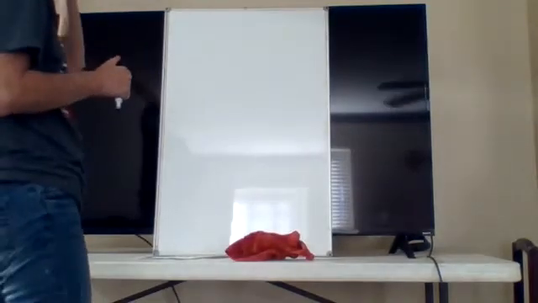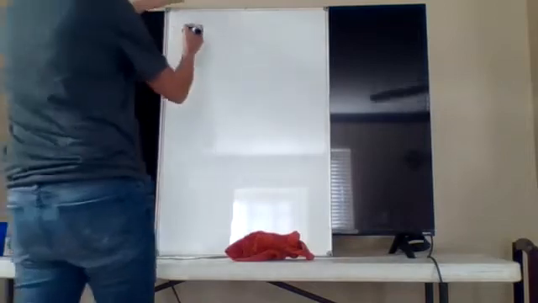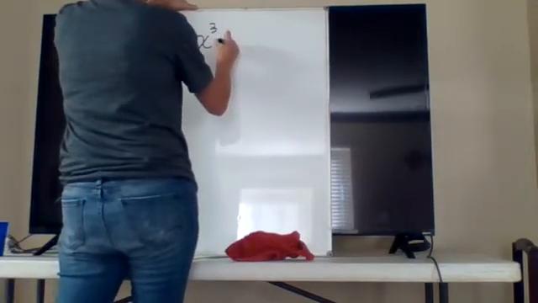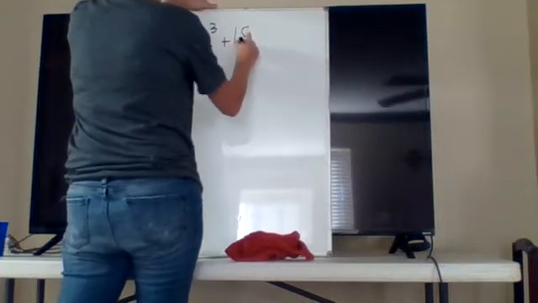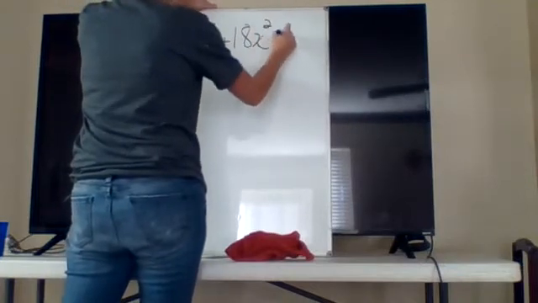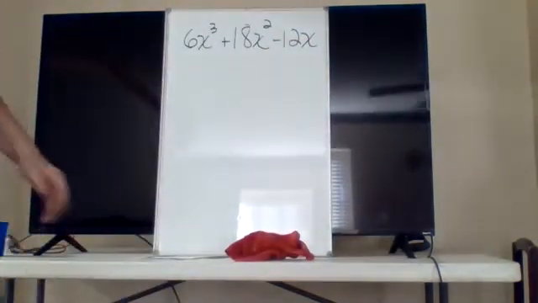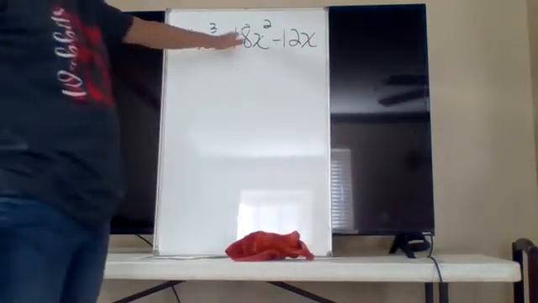Okay, so the first one was greatest common factor. So let's see what I'm talking about when I say that we're going to factor out the greatest common factor. So say we have a trinomial like this. It's got 3 terms.